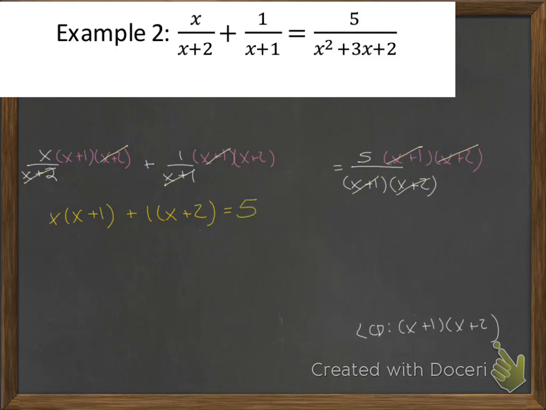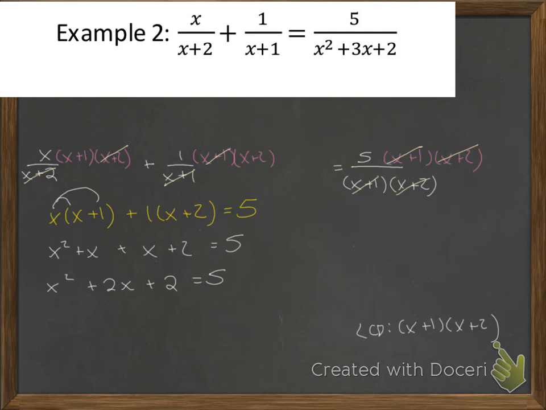So that's basically just the numerator of what we had before. Let's use algebra skills to solve this. We need to distribute here. So we have x squared plus x plus 2 equals 5, so x squared plus 2x plus 2 is equal to 5.